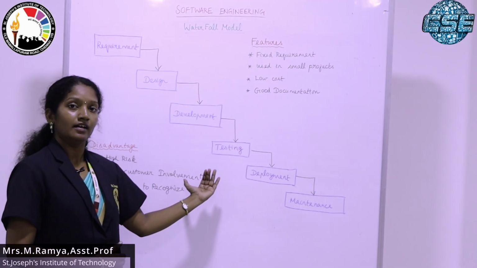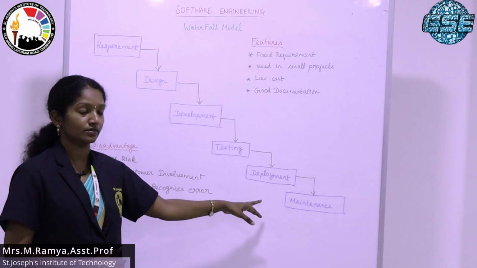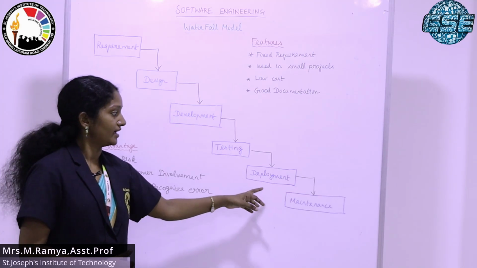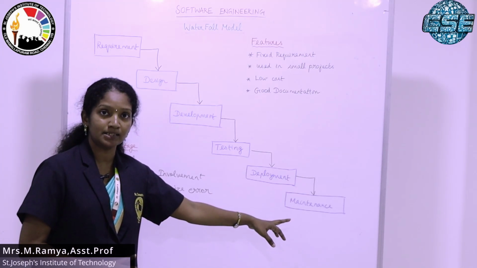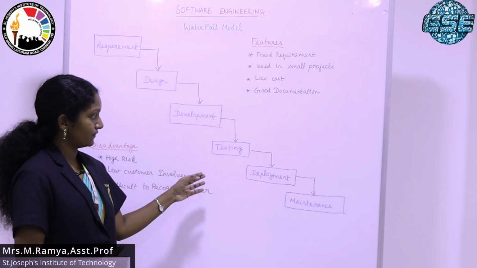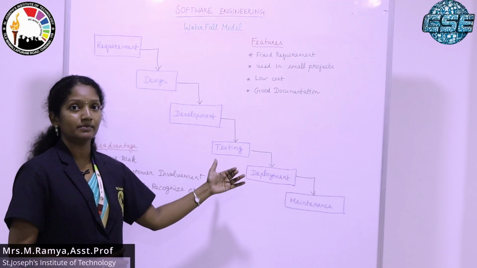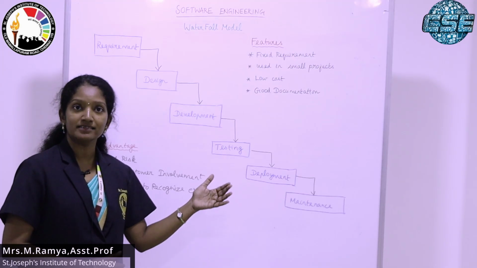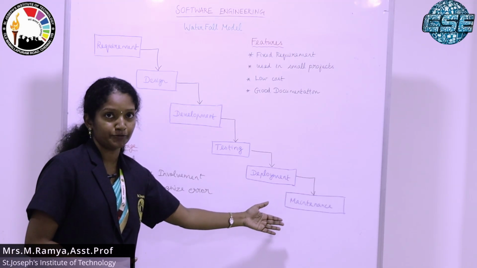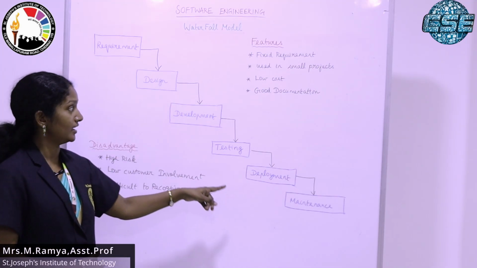After deployment, the last phase is maintenance. If there is any feedback from the customer, the necessary changes are made in the software and it is provided to the customer again. These are all the phases in the waterfall model.